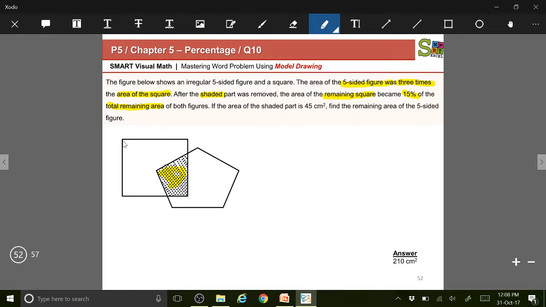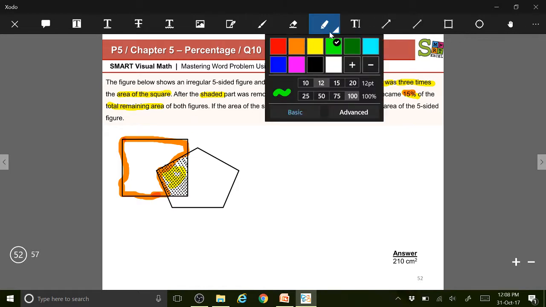They are referring to the area of the remaining square, which is this. I'm just gonna highlight a little bit. This area of the remaining square became 15% of the total of the remaining both figures, which is the square plus this one.